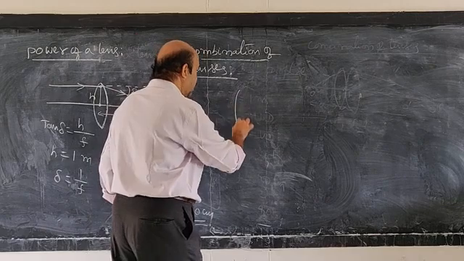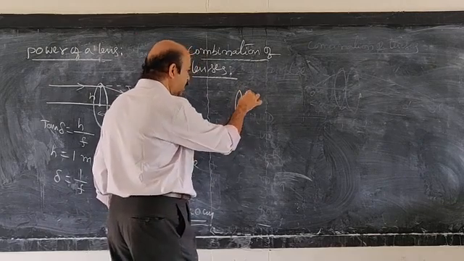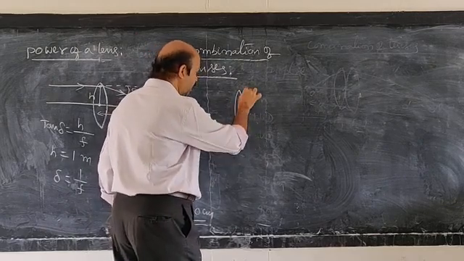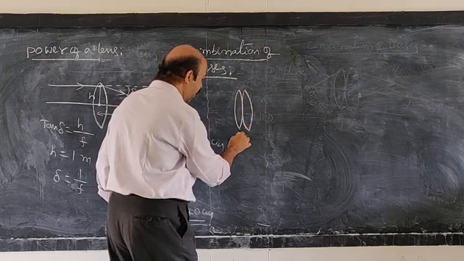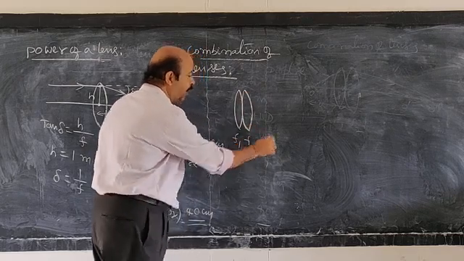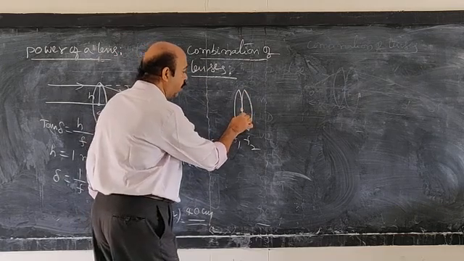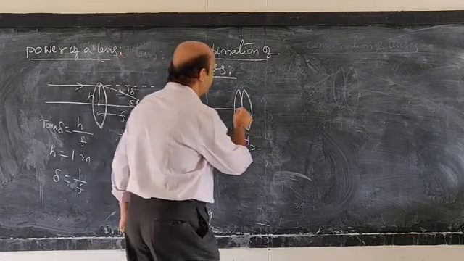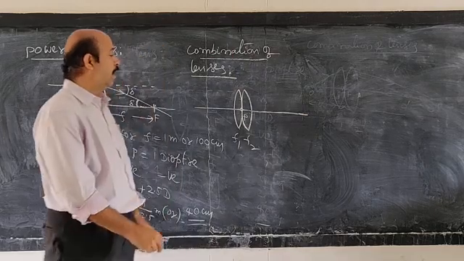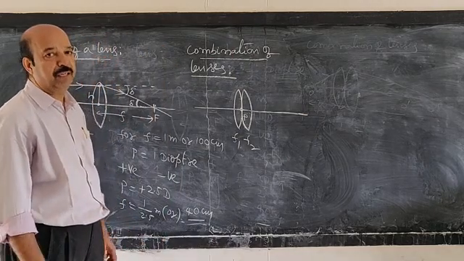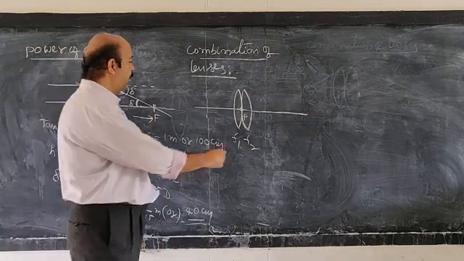Now, consider two thin lenses combined like this, of focal lengths f1 and f2. Suppose their optical centers coincide. Now, what is the effective power of such a combination? That is what we are going to see.